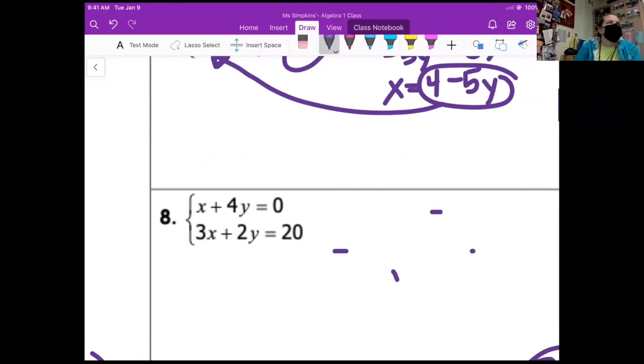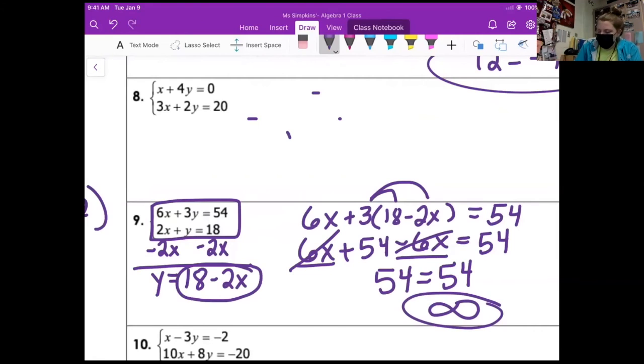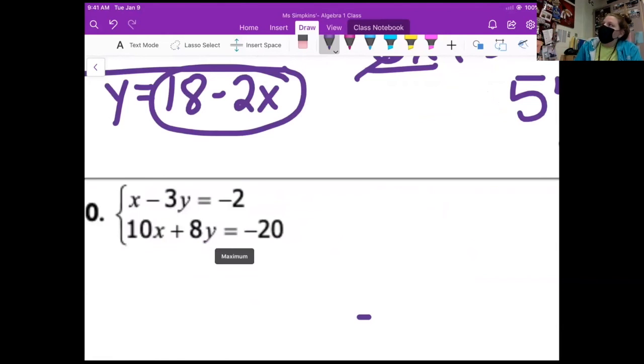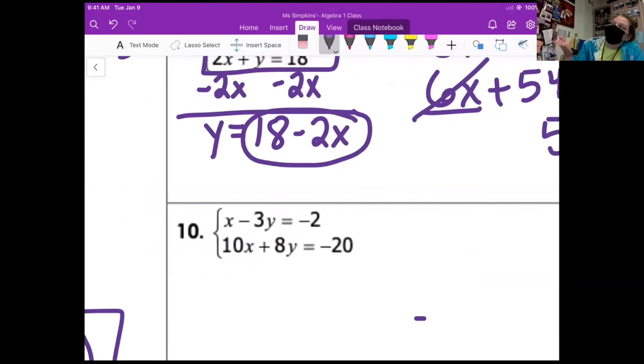That would not give me the same exact x and y values. So I would know that that has one solution. We already talked about number 9. If I look at number 10, if I multiplied that first equation by 10, I would get 10x, but then I would get -30y. So I know that that system has one solution, and I would have to go through and calculate what the solution is.